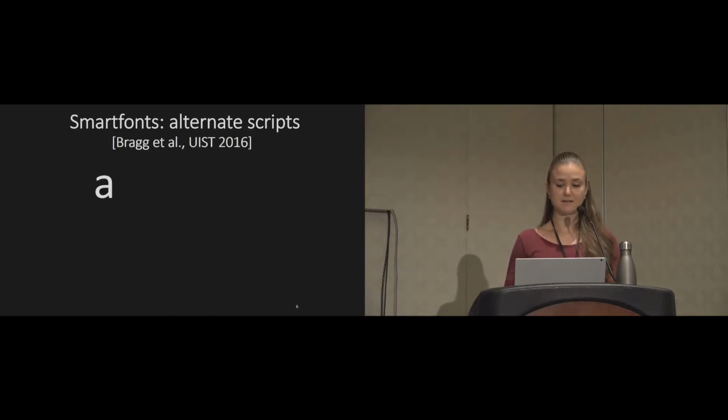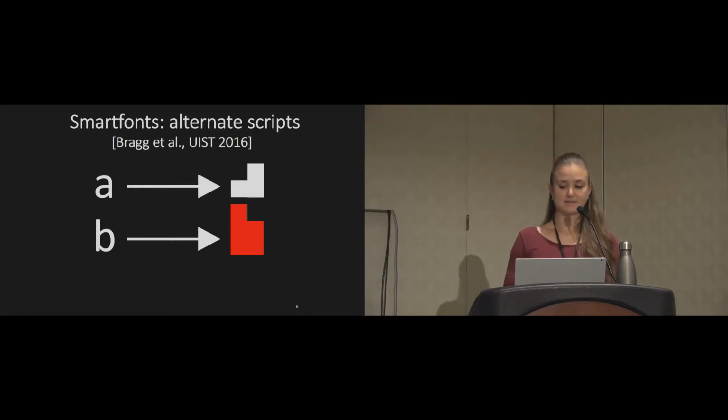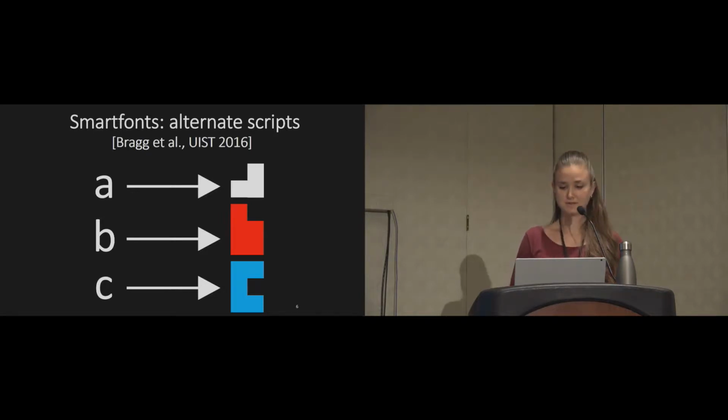The idea of smartfonts is basically to have every traditional letter form replaced with a new letter form to improve the reading experience. So they're one-to-one mappings, replacing each traditional letter form with a new character, and as a result, they preserve spelling, grammar, and punctuation.